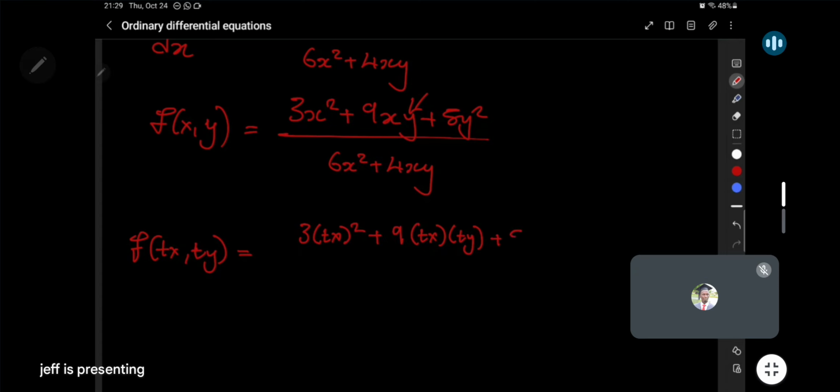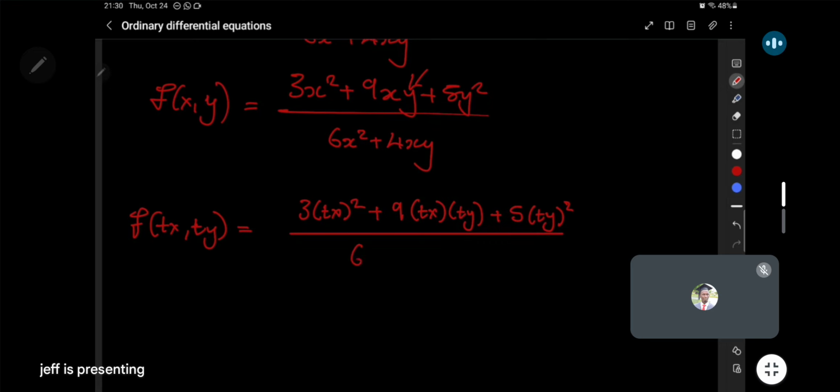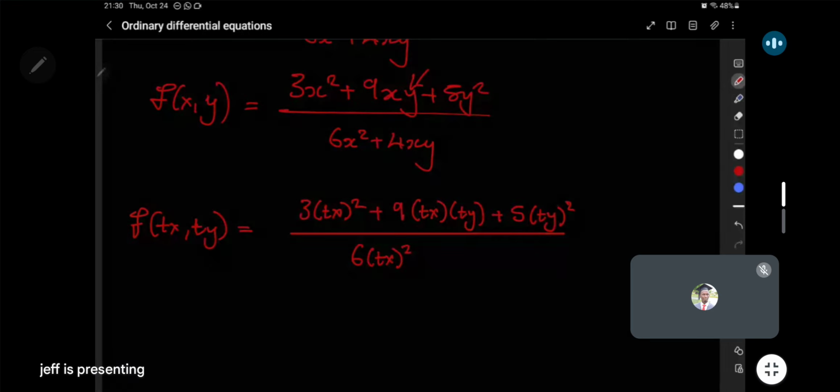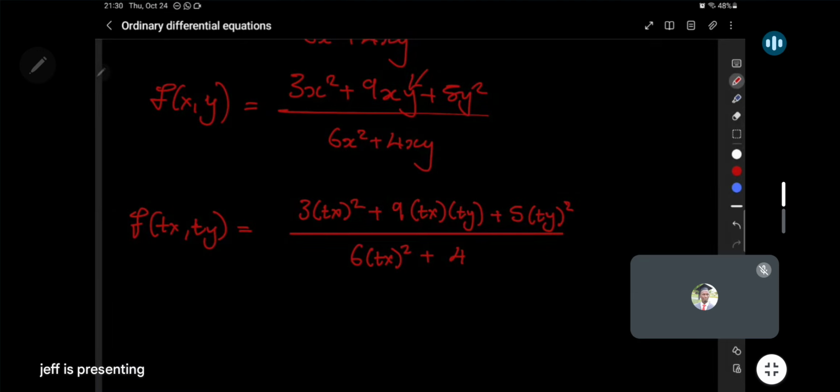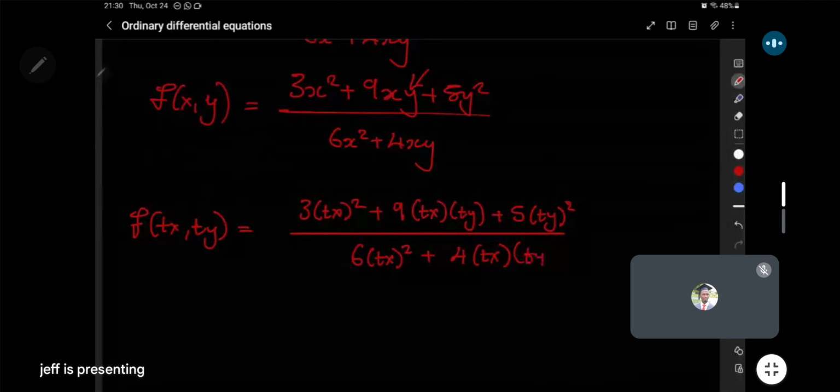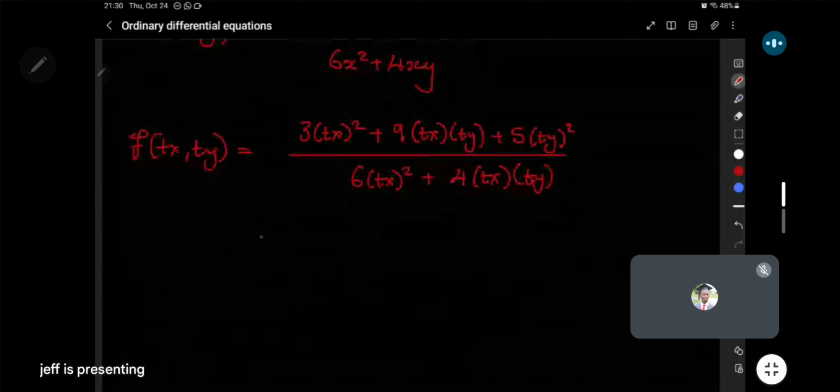And then again, we see y, ty, but this y is squared. In the denominator, we have 6x squared, so where there's x, we'll put tx. It has to be squared. We see x, so tx. We see y, ty. Now we simplify.